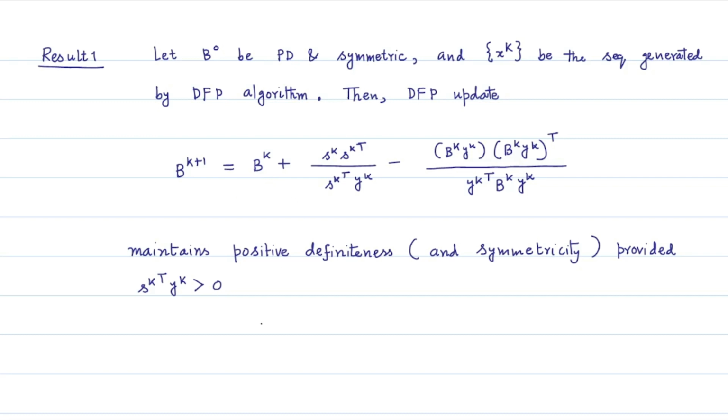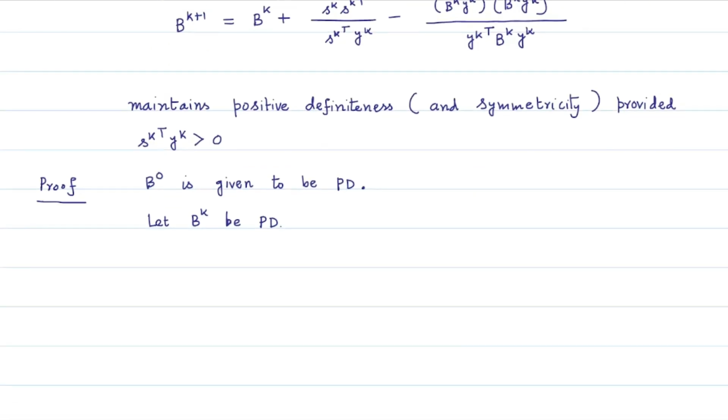So we will just go for proving the positive definiteness. The proof of the positive definiteness will be done with the help of mathematical induction. Note that the matrix B0 is given to be a positive definite matrix, and let Bk be positive definite. Then we will prove that Bk+1 is positive definite.